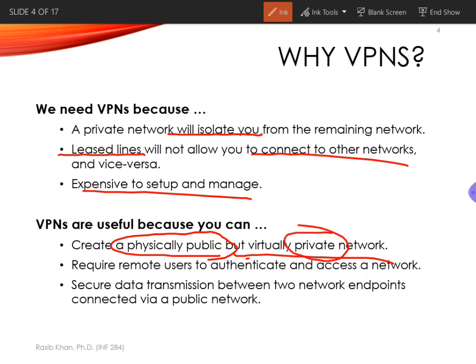And this allows remote users to connect to other locations, which is a private LAN, and to ensure that the intended users are connecting to it, we generally have a form of authentication before they can connect to these VPNs, and eventually they definitely are useful for securing the data transmission between the two endpoints.